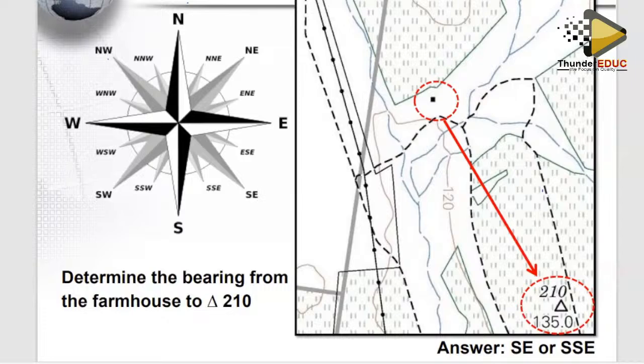So what you need to do, you need to use your ruler to draw your north-south line on the farmhouse. Make sure when you are placing your ruler it should run parallel to your lines of longitude on your map. You should never have a north-south line which is slanted. It should run parallel, meaning to say it should maintain equidistance between the line and the next line of longitude on your map.